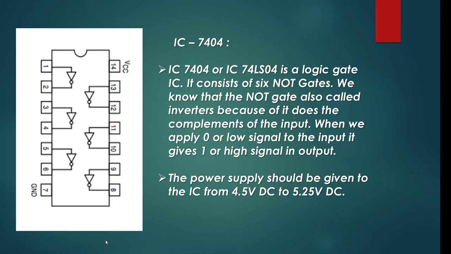When we apply a 0 or low signal to the input, it gives a 1 or high signal at the output. The power supply should be given to the IC from 4.5 volt DC to 5.25 volt DC.